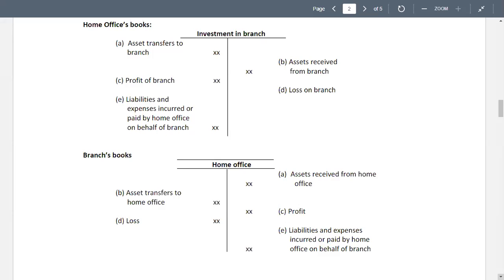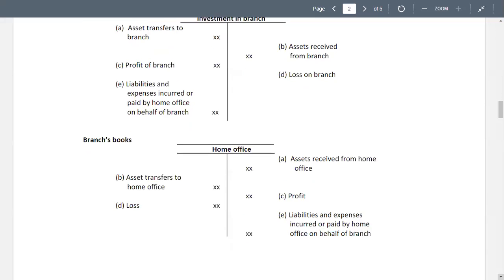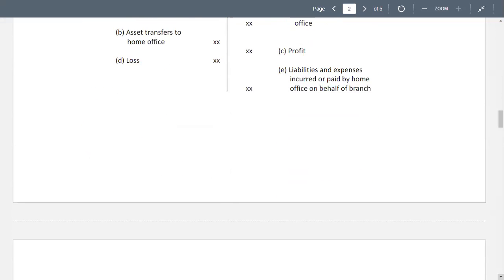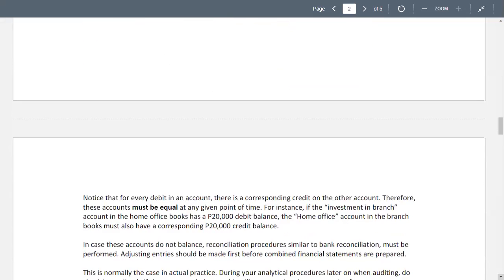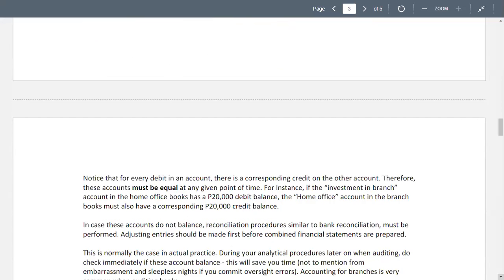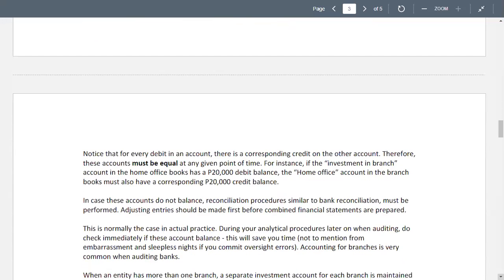Take note that in the books of the home office, the account investment in branch will have a normal debit balance. It's really an investment. In the books of the branch, the account home office will have a normal credit balance. So they are really reciprocal accounts. One party will debit, the other party will credit.